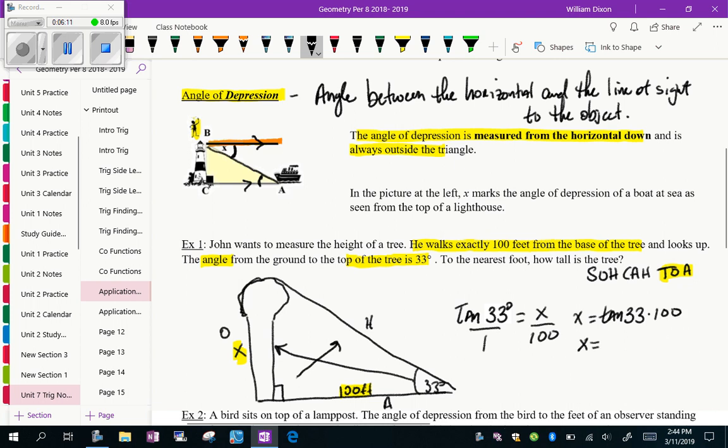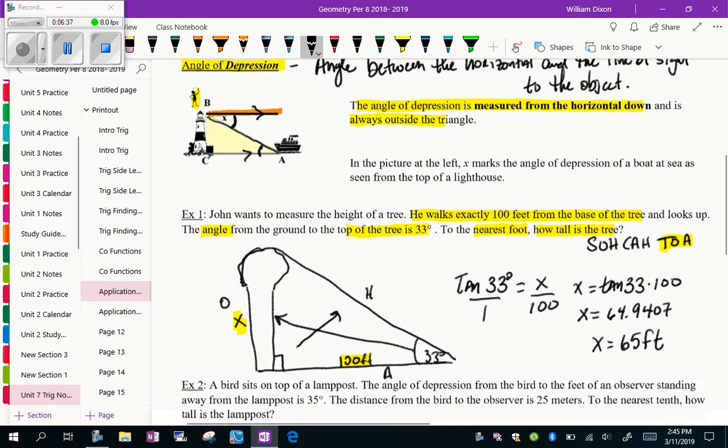X equals, once I plug this into my calculator, 64.9407. Now, I go back to my problem, and it says, how tall is the tree to the nearest foot? So I'm going to round, and X equals 65 feet.